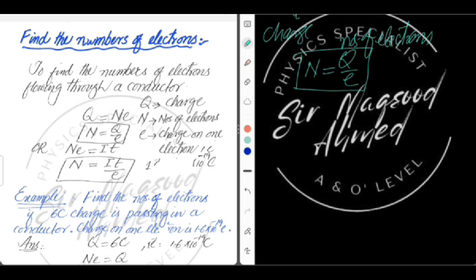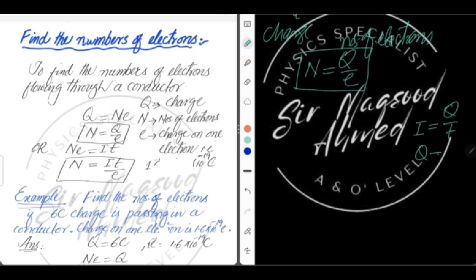But if current is given, time is given, and charge on one electron is given, we will modify this formula. As we know, the current is equal to Q over T. I = Q/T.